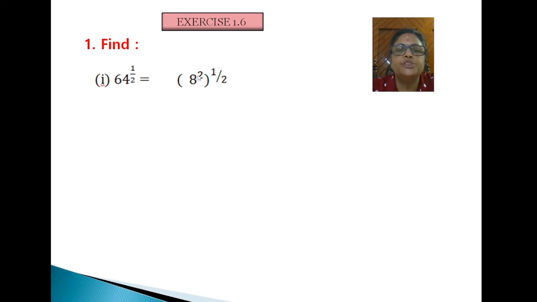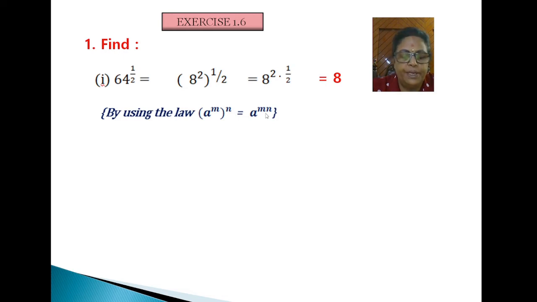So here 8 raised to 2 into 1 by 2. 2 into 1 by 2 means 2 by 1 into 1 by 2, that is 1. You will get 8. 8 raised to 1 is 8. Okay, 2 and 2 cancel. You will get 8 raised to 1. That is 8. So which law did we use? A raised to m, the whole raised to n is a raised to mn.